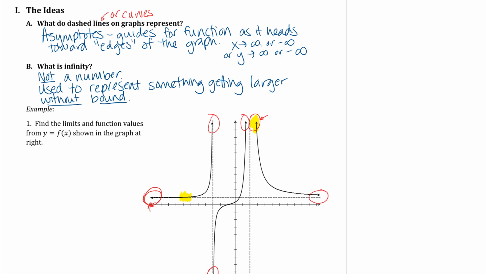And so when we say without bound, what we mean is that there is no highest value for what that thing could be. So however big of a number you think about, that thing is always going to get bigger and bigger than that. And so that describes positive infinity. Negative infinity would be the same idea, larger in size without bound, but in the negative direction.